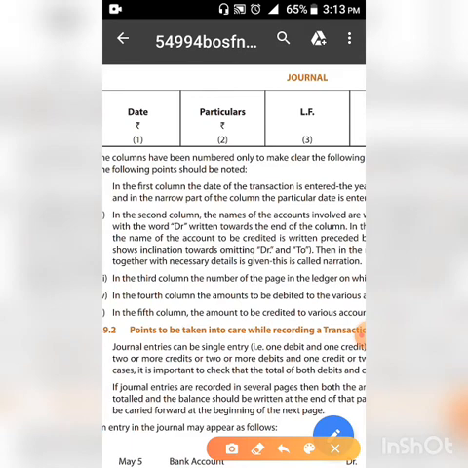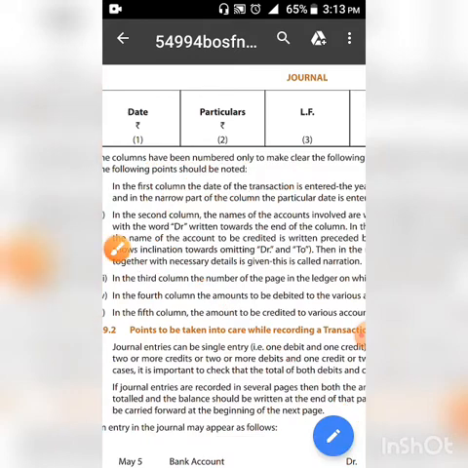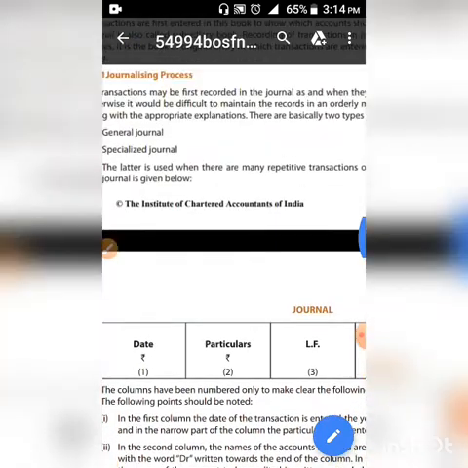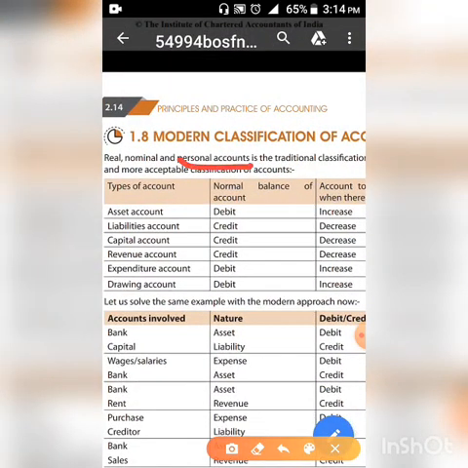Then, what are the golden rules to record these journal entries? The first rule is to debit the receiver and credit the giver in the case of personal accounts.